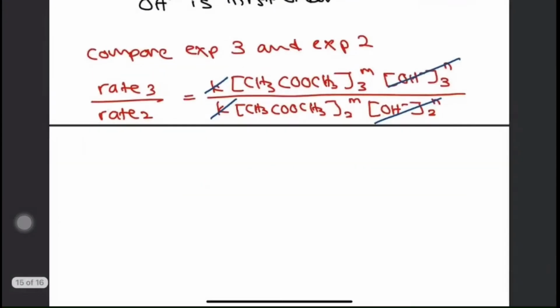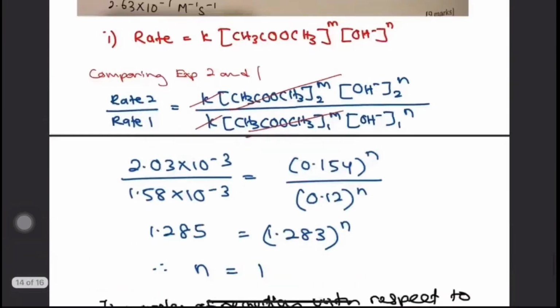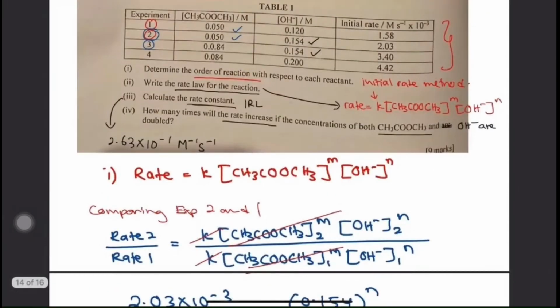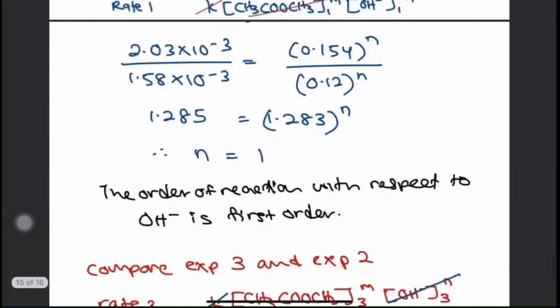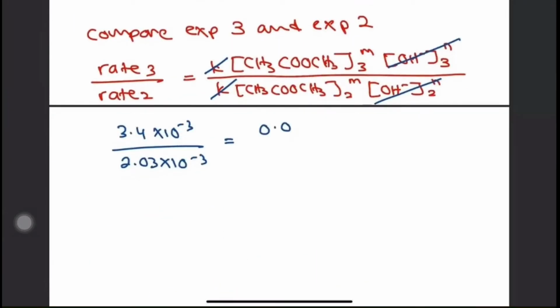So 3.4 times 10 to the power of negative 3 divided by 2.03 times 10 to the power of negative 3 equals, what is the concentration? It would be 0.84. Can you see there's a mistake here? It's 0.084, not 0.84. So 0.084 divided by 0.05.